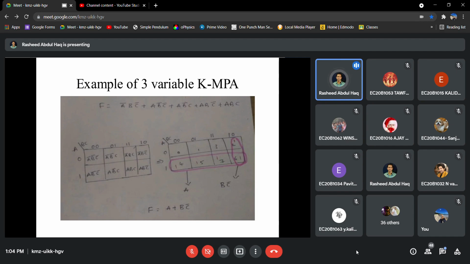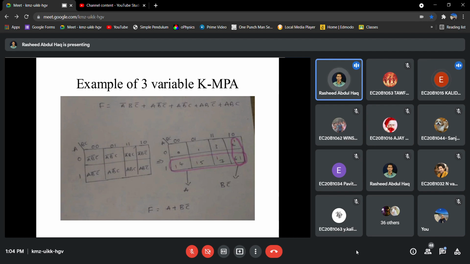Can someone answer why we put it as B C bar and not B C or B bar C? Sir, for B C and the others, we are getting 0, 1, so it is not independent of A. Because it's A bar B C bar and A B C bar, we take B C bar common in that column.